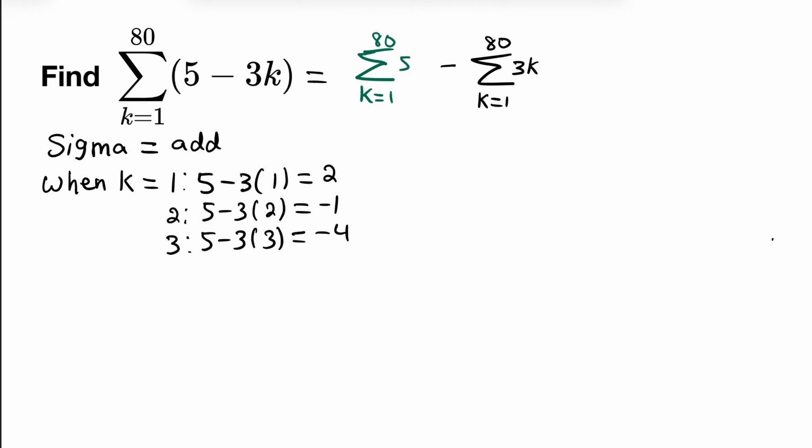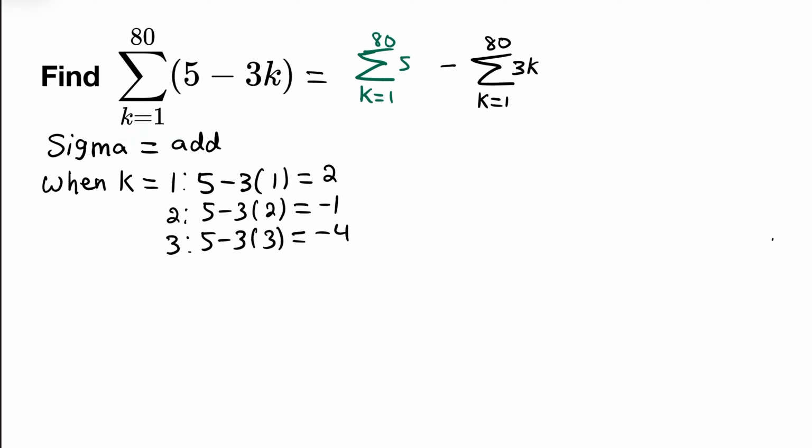Okay, and so now we have it where it reads fully the sum of 5 minus 3k equals the sum of 5 minus the sum of 3k with the same start and stop.